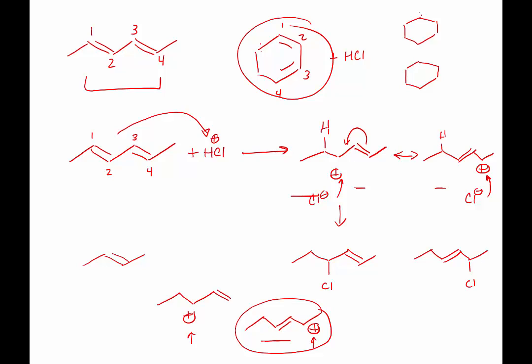I'm going to put a hydrogen on 1, chlorine on 2, double bond between 2 and 3. Put a hydrogen on 1, put the chlorine on 4, and the double bond moves between 2 and 3. The first double bond is between 3 and 4. So when you understand the 1,2 and 1,4 products, and you know what the electrophile and the nucleophile are, you can write the products that quickly.